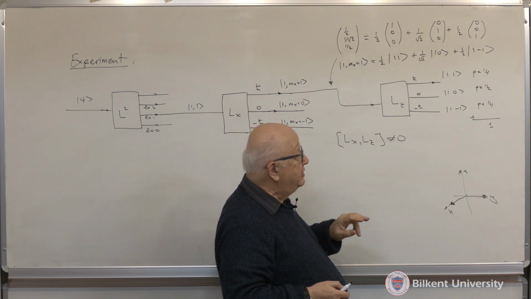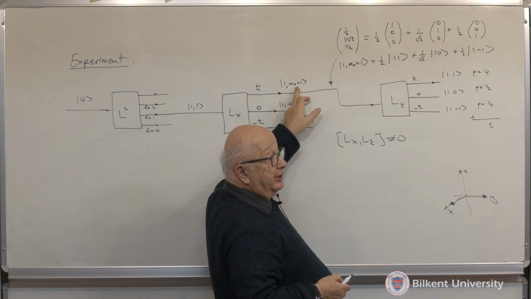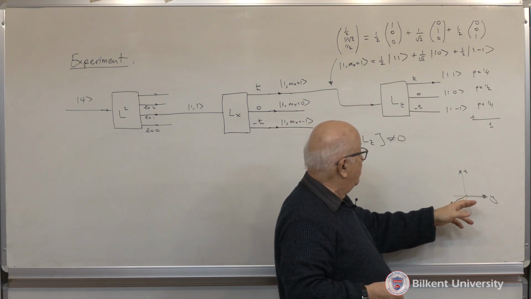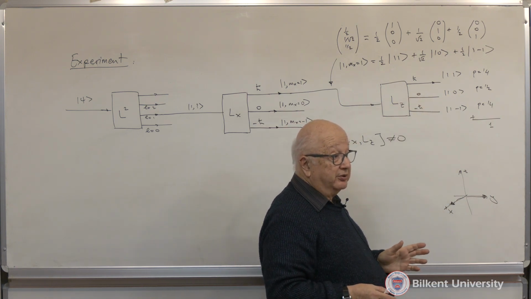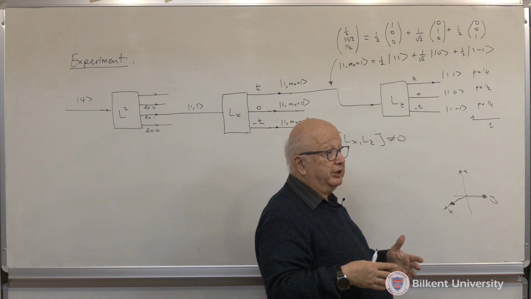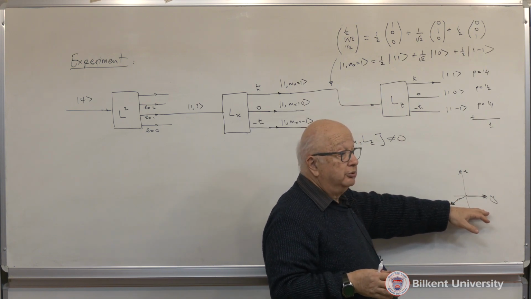I can no longer say that the x component of angular momentum is plus h bar, so how come I get plus h bar or minus h bar in the x direction? Because the information about the x component of angular momentum is now lost.